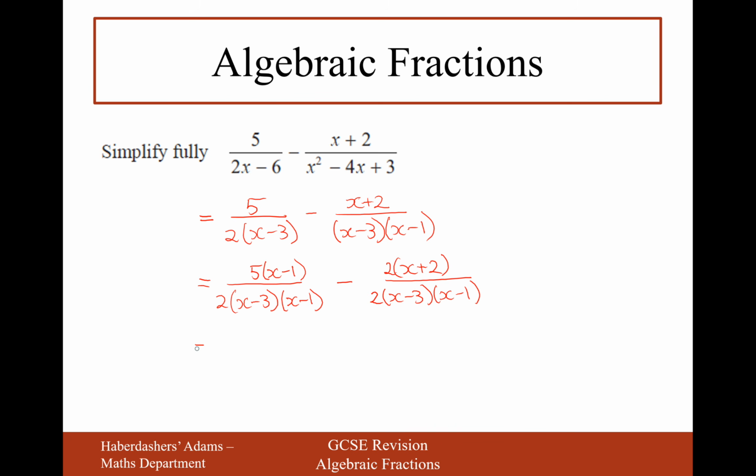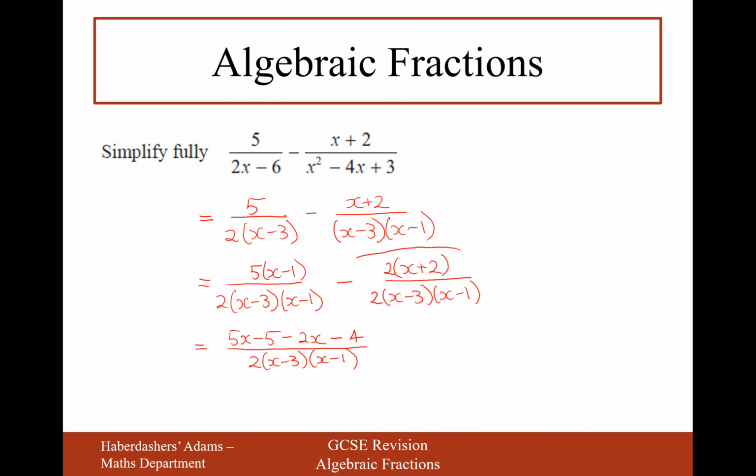Okay, so now that I've got a common denominator, I'll write that common denominator, keep it the same, and now I'm going to simplify the numerators. So it's going to be 5x minus 5 minus 2x and minus the 4. Remember, we are taking away all of this right hand side.